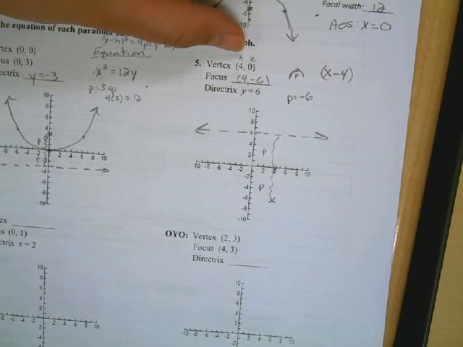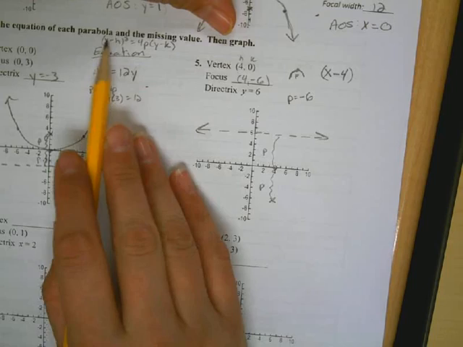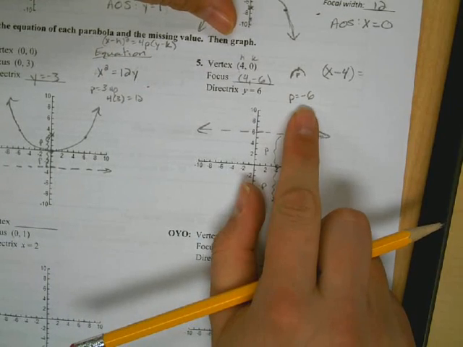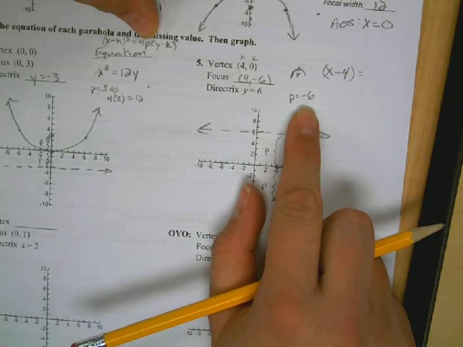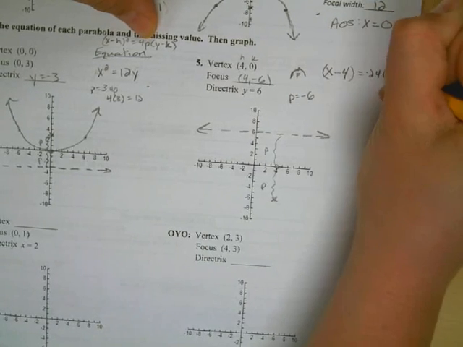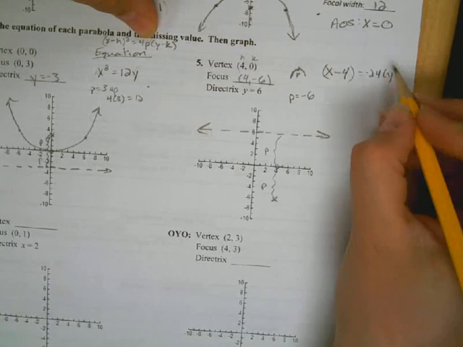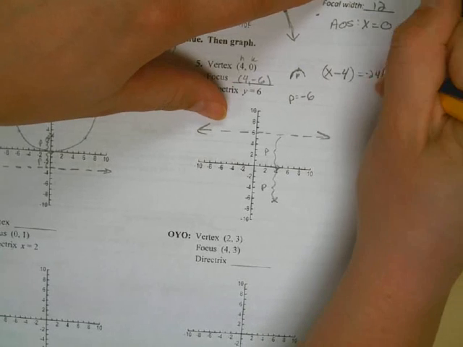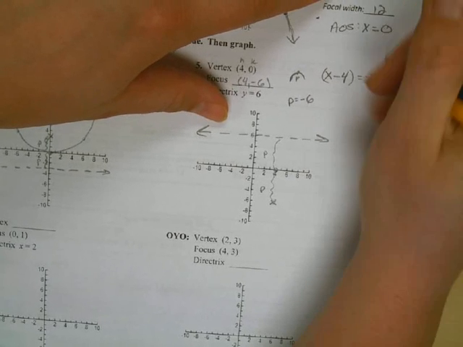Again, I'm using that same formula, x minus h, well h is 4, is equal to 4p, 4 times p, well that makes negative 24, y minus k, well k is just 0, minus 0. So really that minus 0 can just go away. So I'm just going to erase it since I'm erasing anyway. So negative 24y.